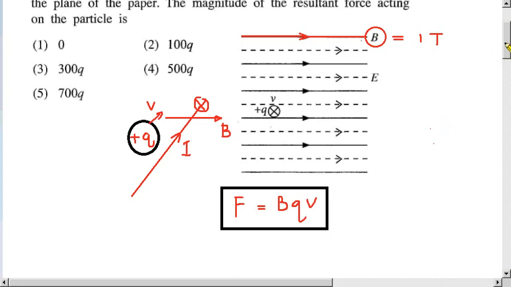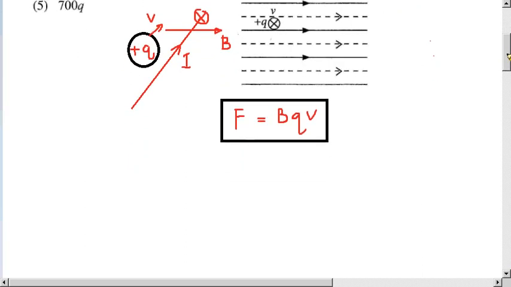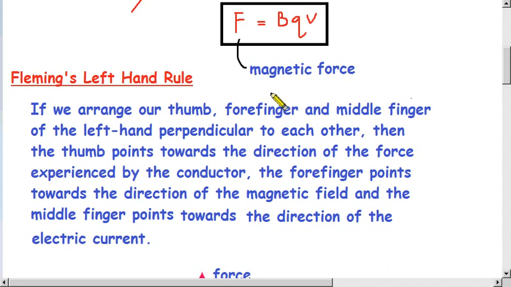So to do that, to find out that direction of the magnetic force, what is the rule we use? That is called Fleming's left hand rule. So I am going to remind you what Fleming's left hand rule is.